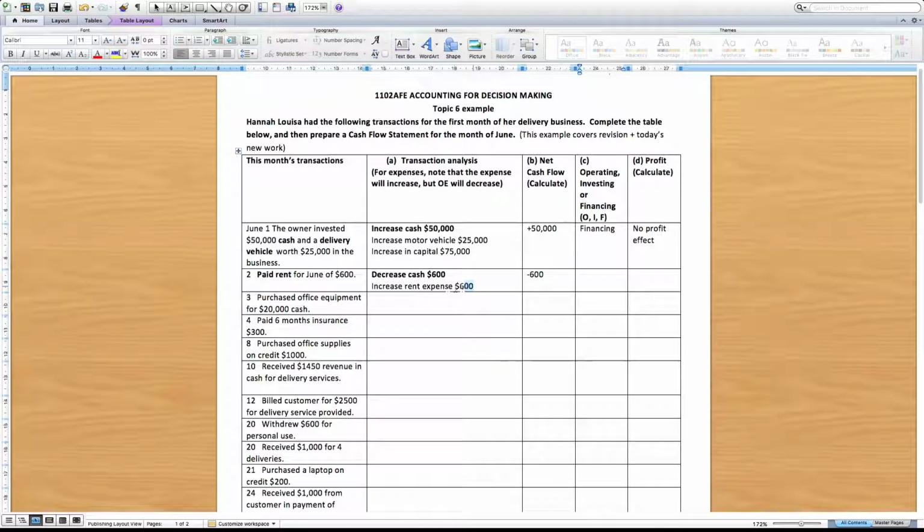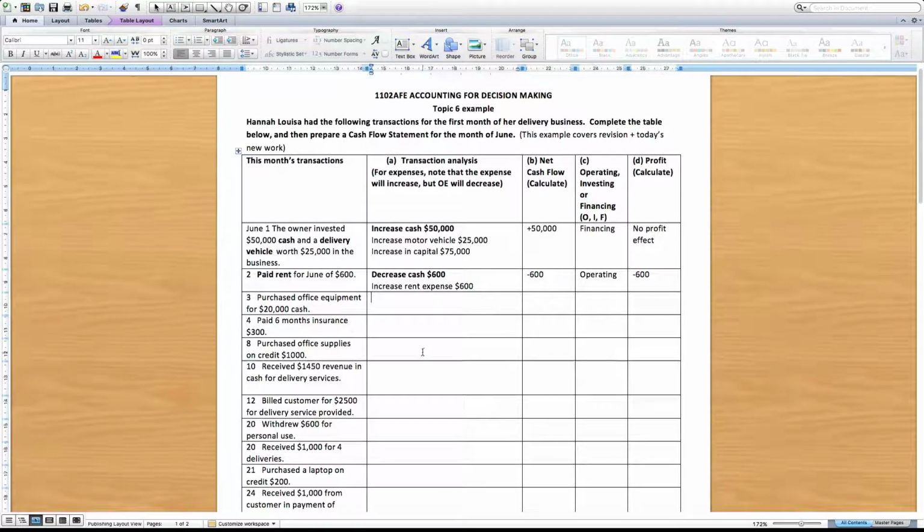Look to your second item so that you can classify. So we have an expense item here, which makes it an operating activity. Effect on profit, well, expenses reduce our profit. If you think back to your calculation, profit equals revenue minus expenses. So expenses pull profit down.